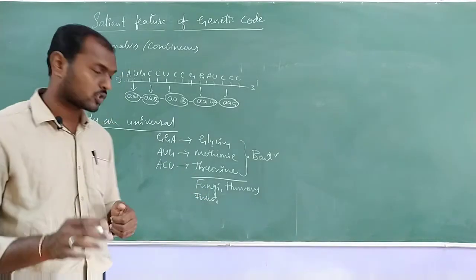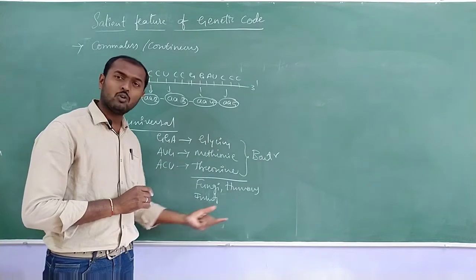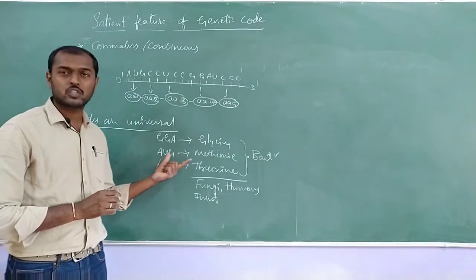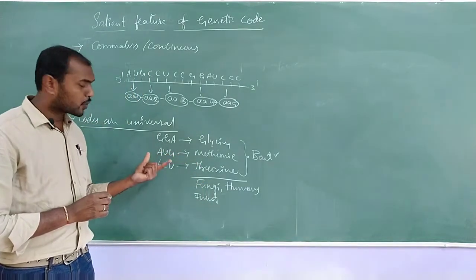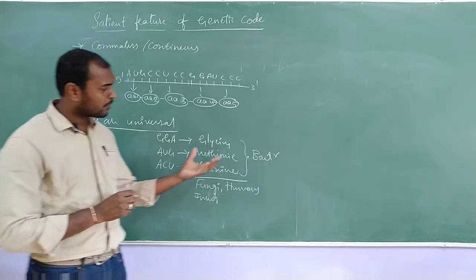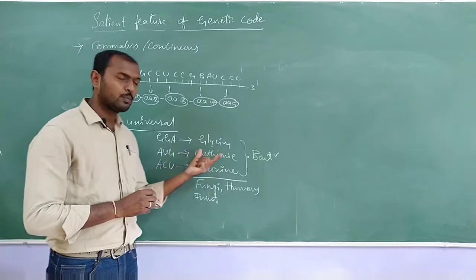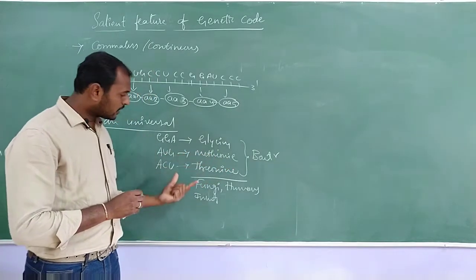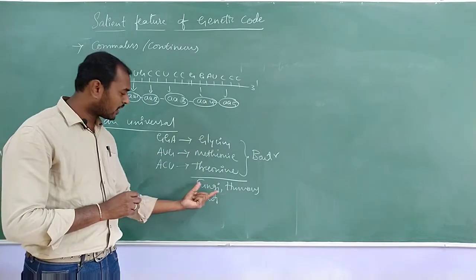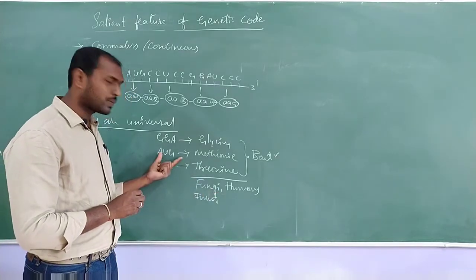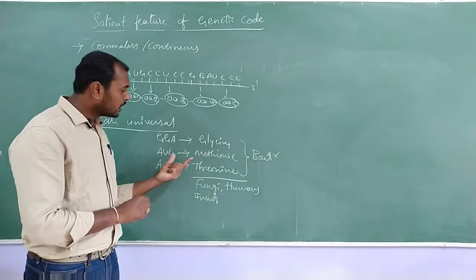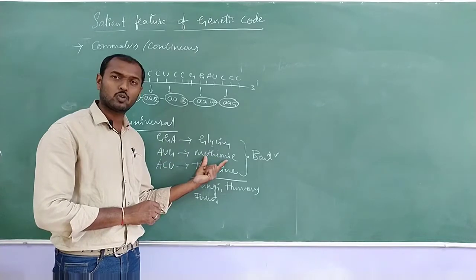There is no change. Whatever the organism, the code does not change. If protein synthesis is taking place in bacteria and AUG codes methionine, then in fungi, if AUG is present, it is definitely going to code methionine.